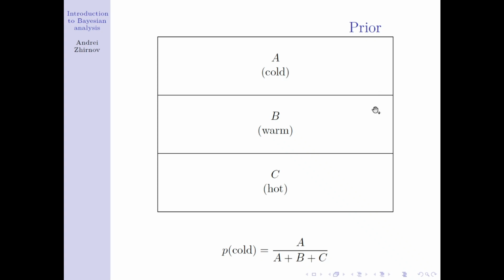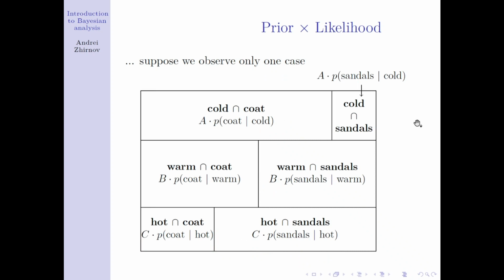Now we can use our knowledge about the rules that people apply to deciding what to wear, given the weather outside, to break down those stripes even further. Before observing any data, the probability that the person wears a coat and it is cold outside can be represented by this segment. This segment is part of the top stripe.